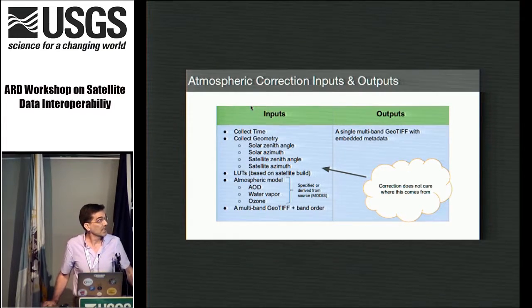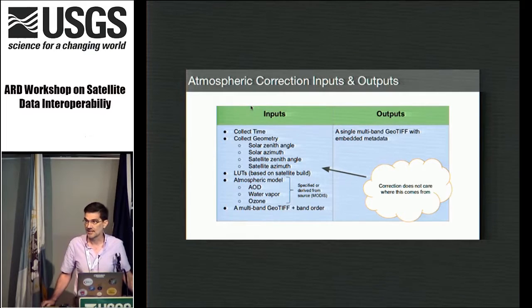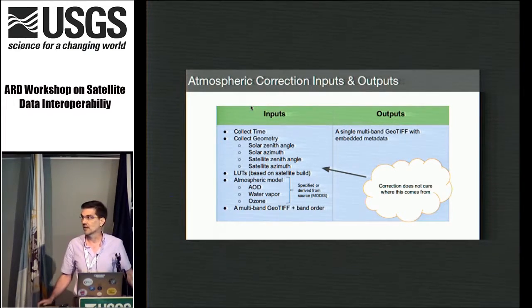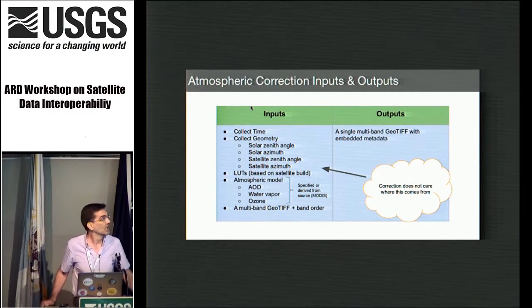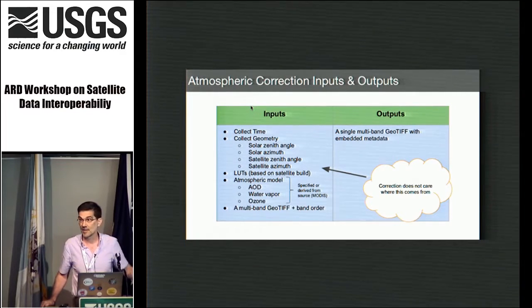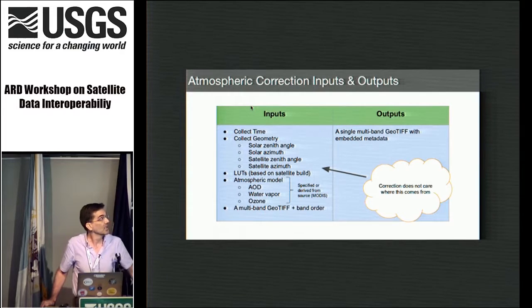So in the end, what I've tried to do with the atmospheric correction is make sure that it's generic. It has to be generic because we have so many different satellites, I can't do something that's specific to one. So the focus is defining what the inputs are, and up here basically the small set of inputs that go into it.